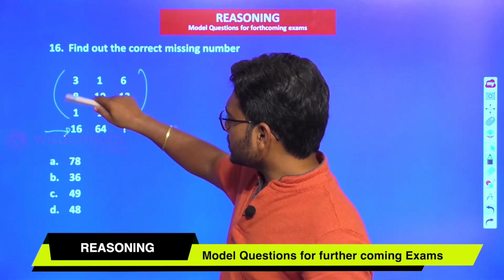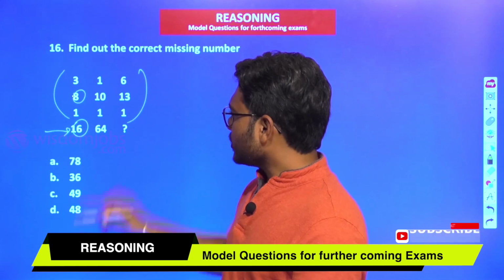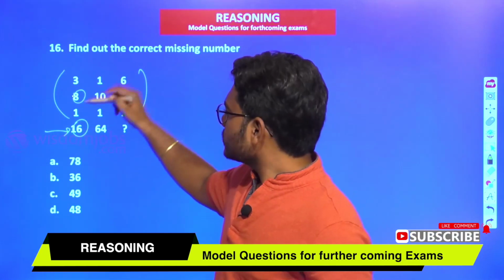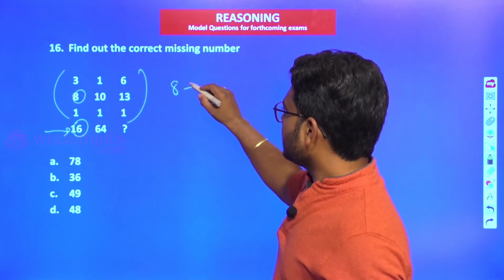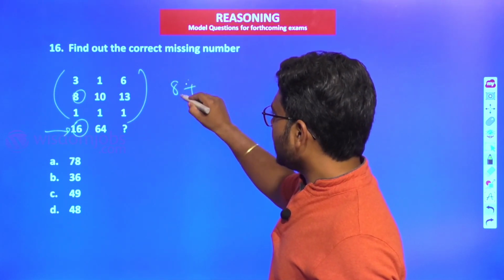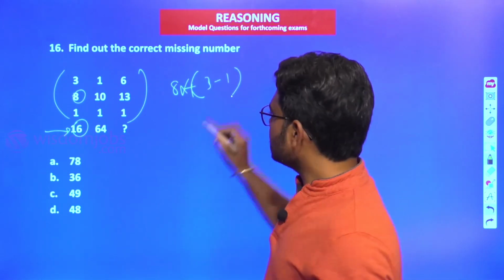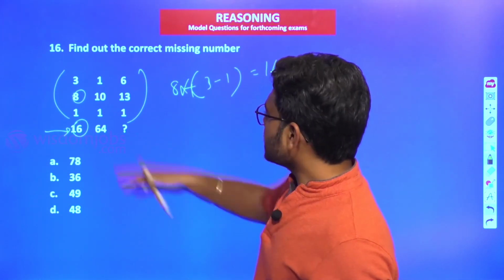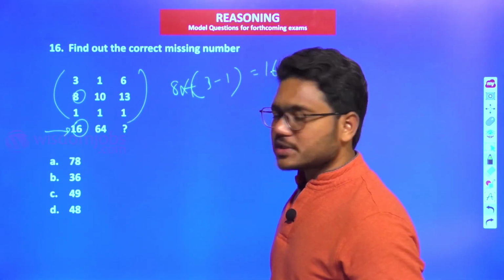Suppose there is some relation between this 8 and 16. Let us find out. 8 2s are 16. So it could be 8 into this 3 minus 1. Let us write like that. That could be equal to 16. So let us see if this other column is following the same rule.